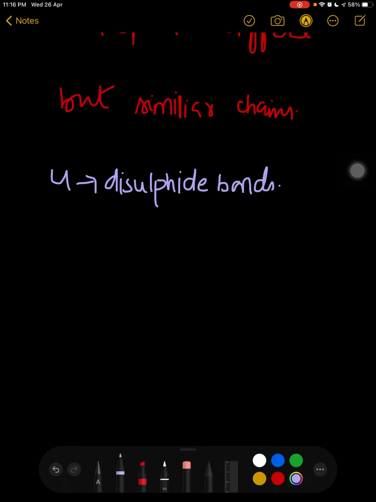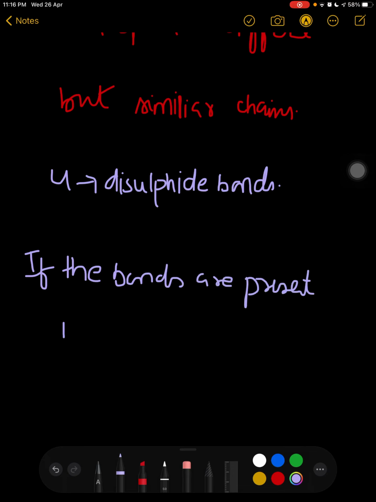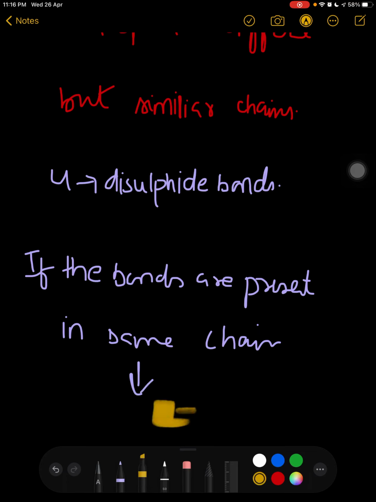Right? Okay, if the bonds are present in the same chain, then that bond is basically known as a loop.